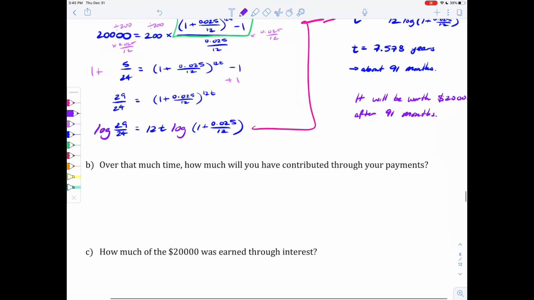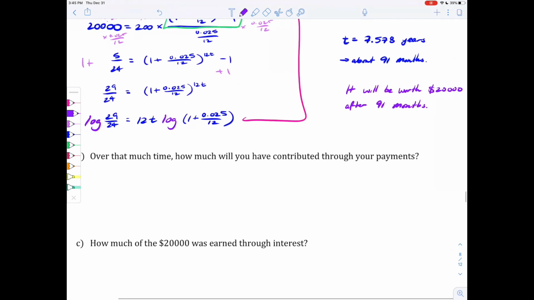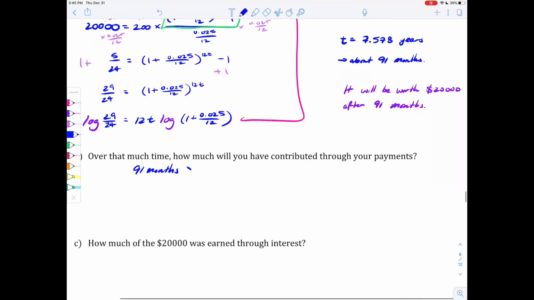Now, over that much time, how much will you have contributed through your payments? For this, we're dealing with 91 months, and we're dealing with paying $200 per month.